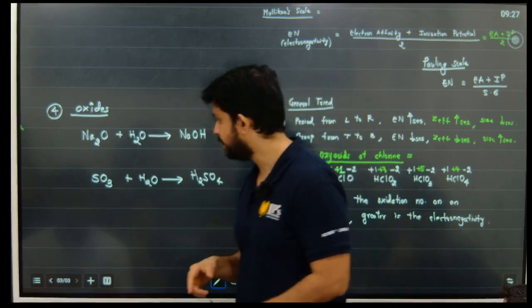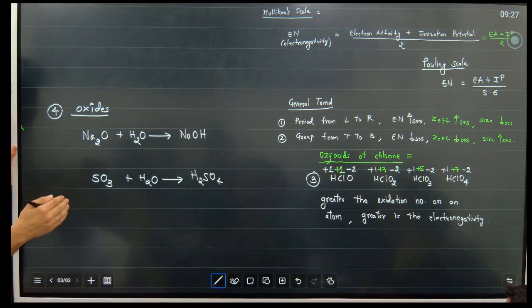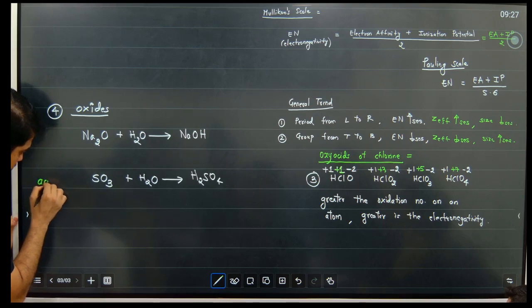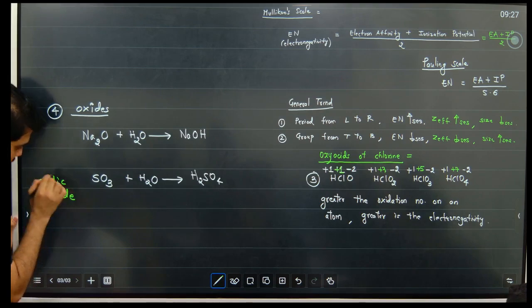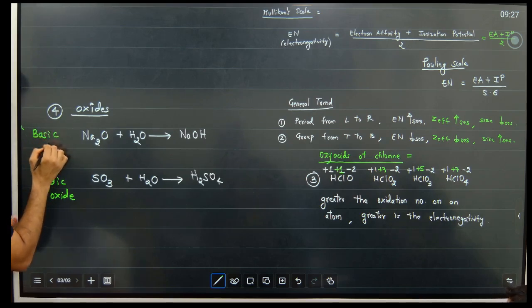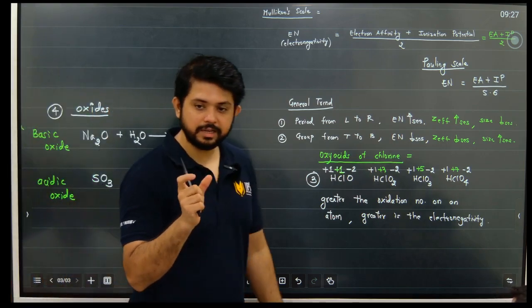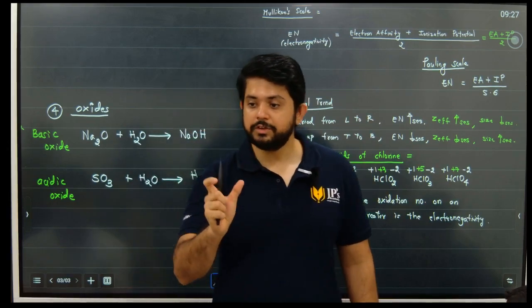Or can I say that oxides of non-metals are generally acidic in nature? And oxides of metals are generally basic. So what we need to understand is why NaOH is giving you OH.